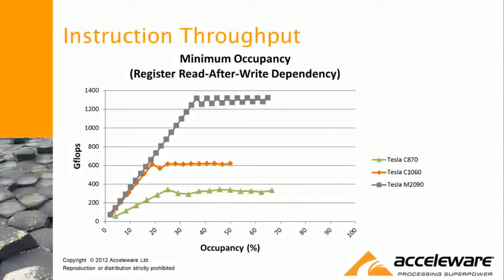And what we actually did, I'm not necessarily showing you the math per se, but at 50% occupancy, let's look at the Tesla M2090 line. It turns out that register dependency, let's see if my math is correct, I think it's correct. After you write to a register, you have to wait 24 cycles before you can use that register value.